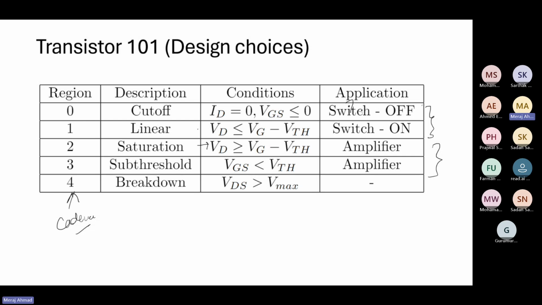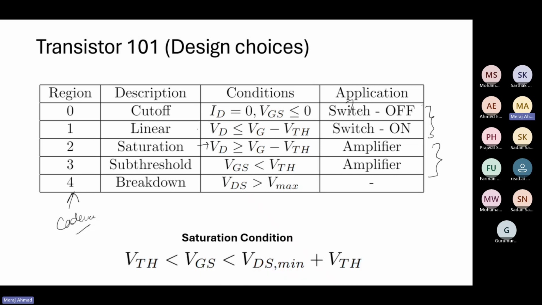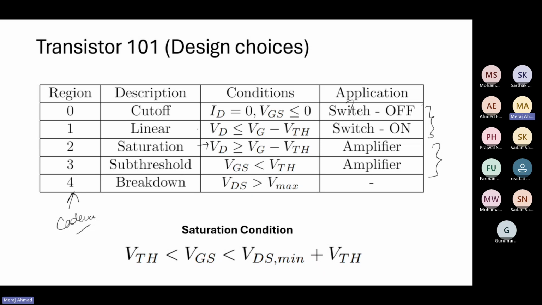We already know that we need the current source to be biased in the saturation region. So what is the condition on VGS? How can we select the VGS? If you violate this condition, you will get into the linear region, and after this is your subthreshold. So what flexibility do you have for VGS selection?